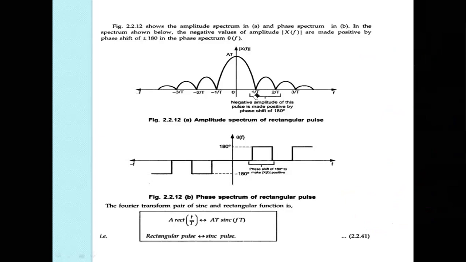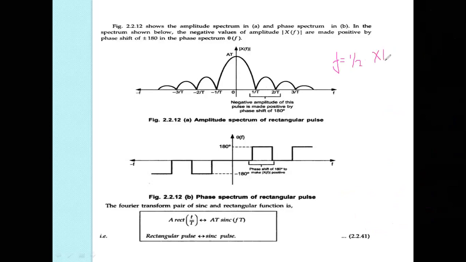When f is equal to 1/T, f is equal to 2/T, and f is equal to 3/T, these are sine functions only. Directly you can take the sine functions. Don't go for the L'Hospital rule, my dear students. f is equal to 1/T.